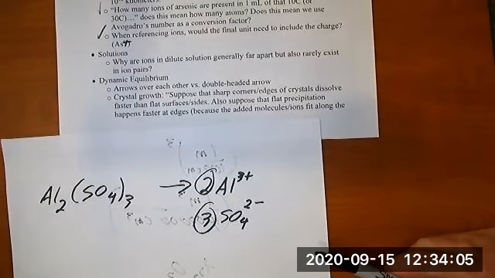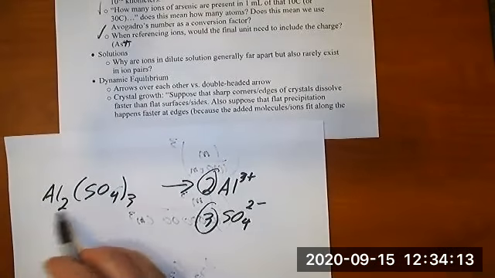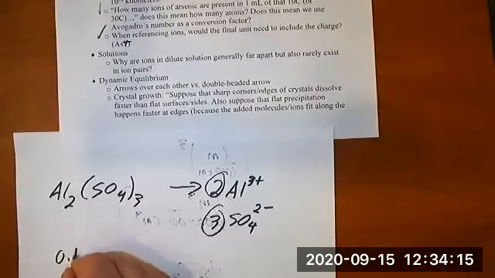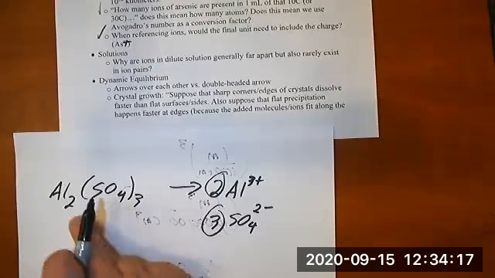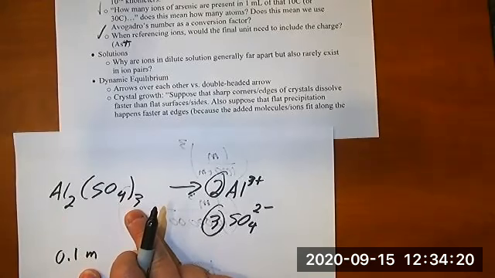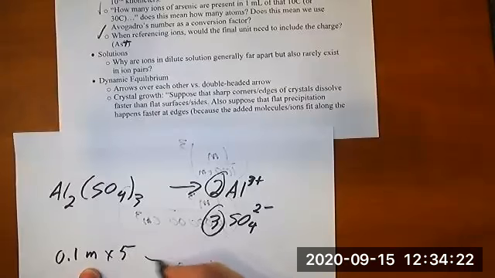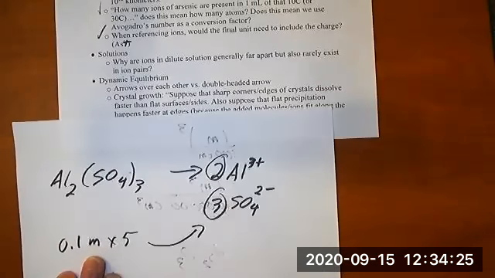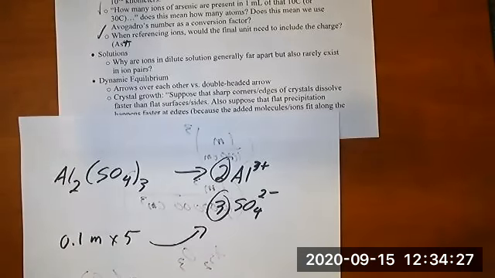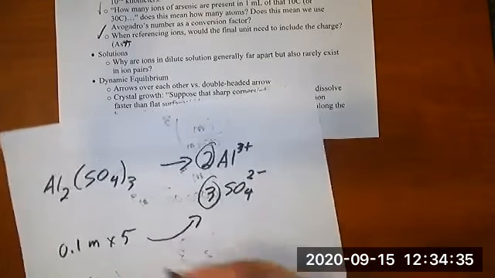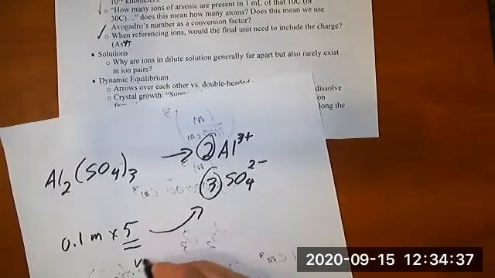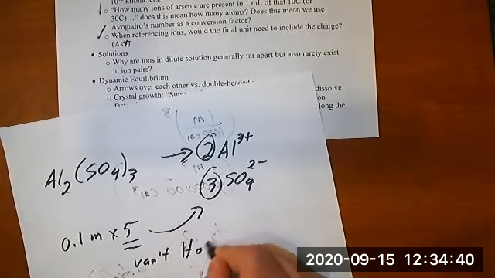When we are looking at the concentration measures for colligative properties, if something has, say, 0.1 molal aluminum sulfate, we would have to multiply that by 5 to find the concentration in terms of dissolved units. And it's the dissolved units that determine the colligative properties. This 5 here is what's called the Van't Hoff factor.